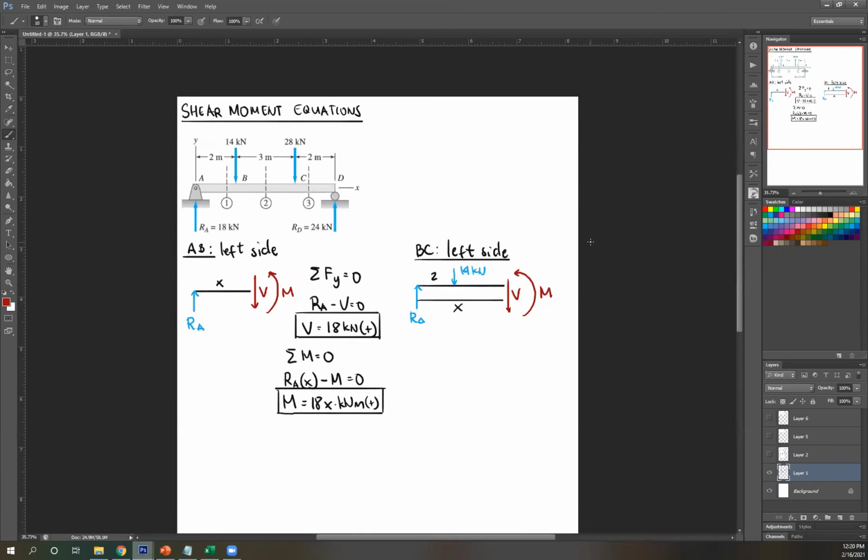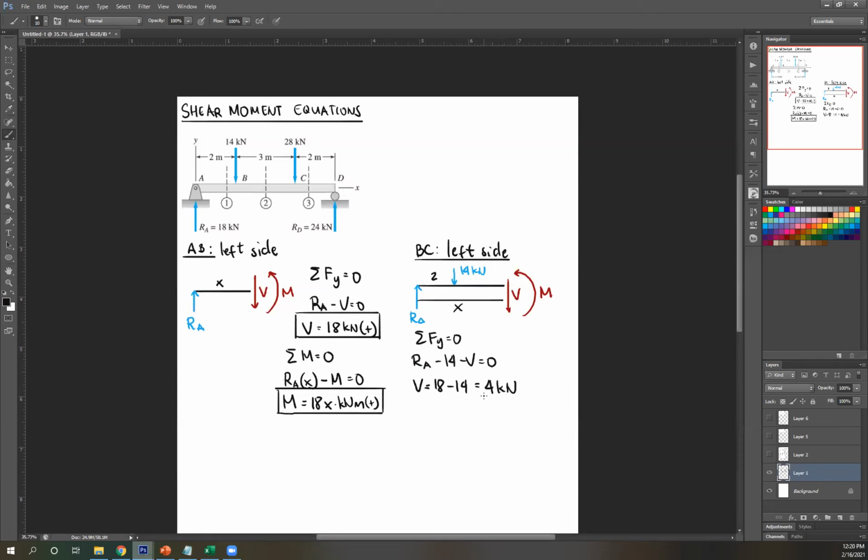Let's see. Summation of forces y equals 0: RA minus 14 minus V equals 0. So V equals RA minus 14, 18 minus 14, so that's just 4 kilonewton.